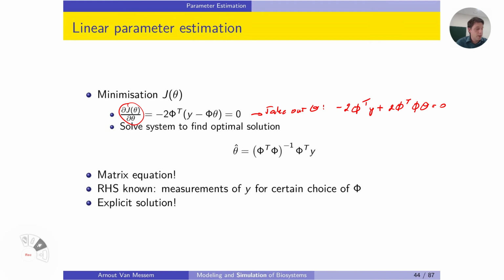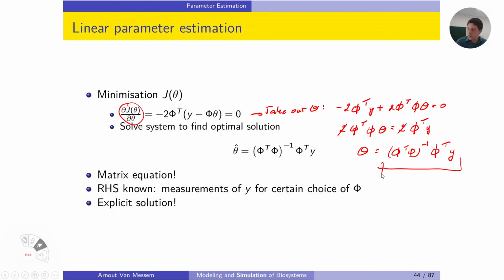So it is then 2 phi transposed phi theta equals 2 phi transposed y. The 2 cancels out, and theta is the matrix phi transposed phi inverted, to bring it to the other side, because we are working with matrices, not with numbers, times phi transposed times y. And so we see here that we have an explicit formula for the solution.